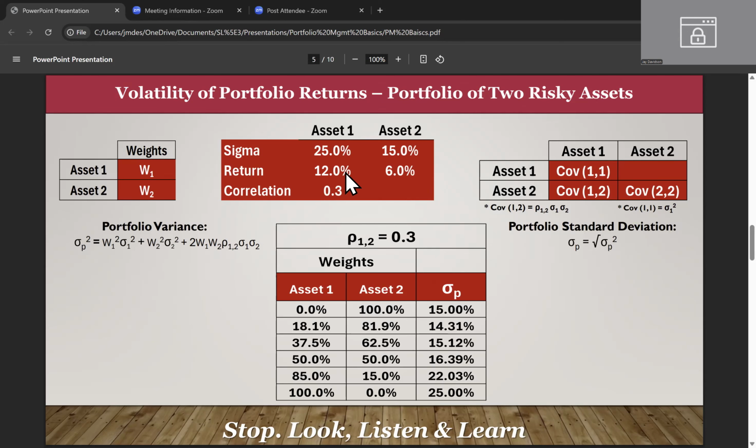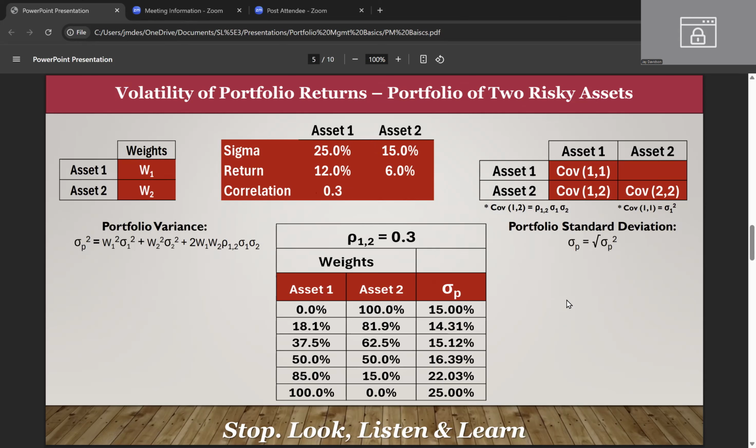And whatever that turns out to be, that's going to be the return of the portfolio, right? So that's pretty simple and straightforward. So if you're trying to get a sense of the volatility or the standard deviation of the returns of the portfolio, and it's invested all in asset one, then you simply look at the volatility of asset one, and whatever the volatility of asset one is, that's going to be the volatility of your portfolio.